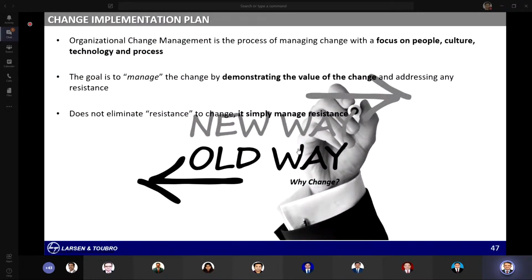And here is the organizational change management. When we started this presentation, we said that all change projects typically revolve around a focus on people, culture, technology, and process. Some of them, just because they are soft skills, we cannot ignore. Some of them can be measured in real time.